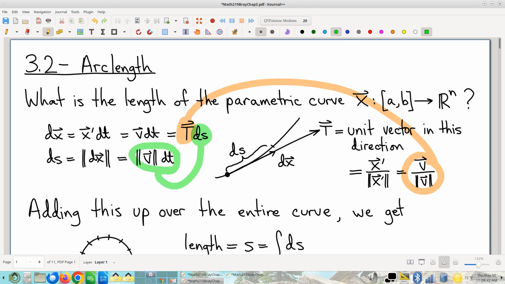And let's see here. We have a magnitude of v in the denominator and in the numerator. That cancels, and we get just v dt, which is that, which we've already established is the dx vector. That makes sense to everybody?